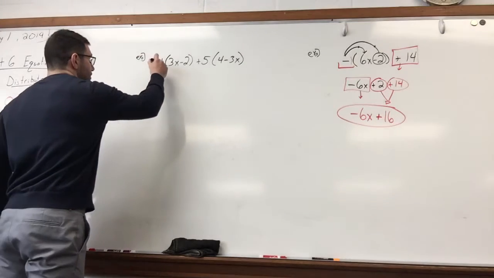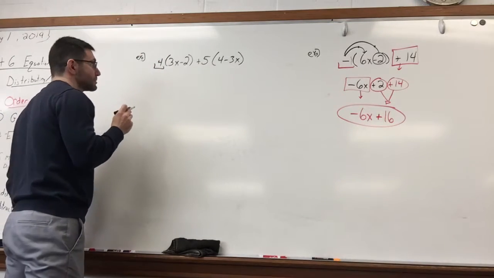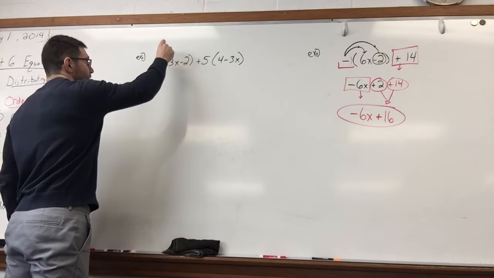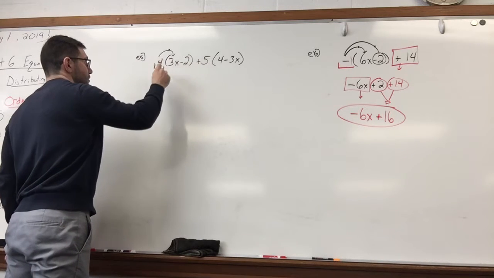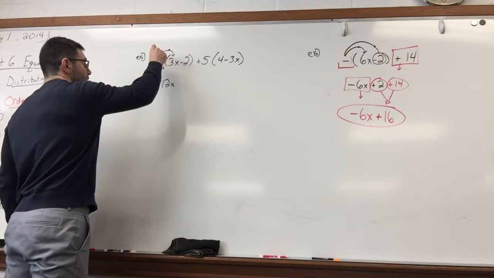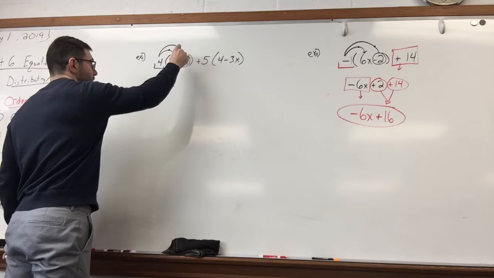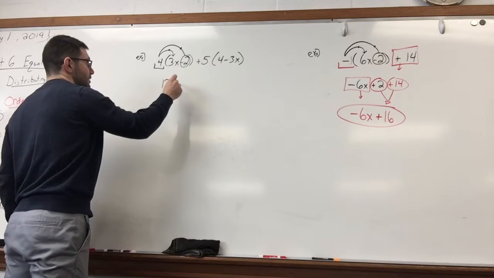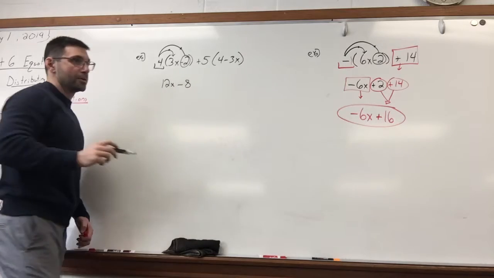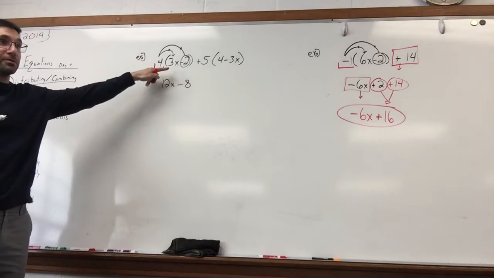Okay. So I box that in. And then you have to do the distributive property. So 4 times 3x, what does that give me? 12x. Good. Then multiply it by -2. Very good, sir. That gives me -8. Good.